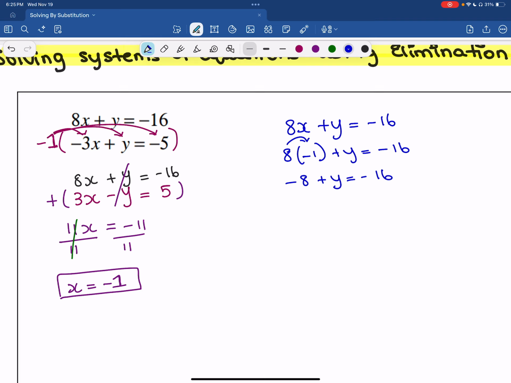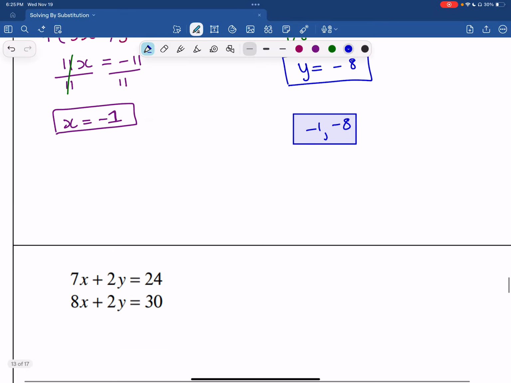I need to get that y by itself, so I'm going to use inverse operations to move the 8 over. So we'll add 8 to both sides. That cancels out, and y is equal to -8. And that's it. The solution to this system is -1, -8.